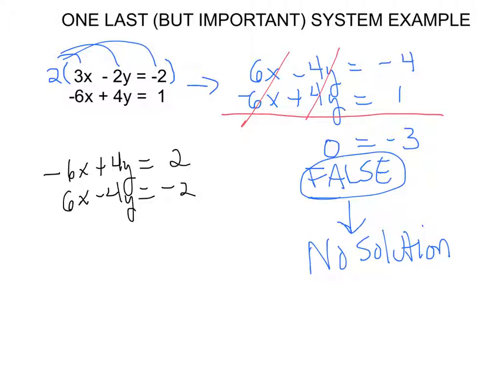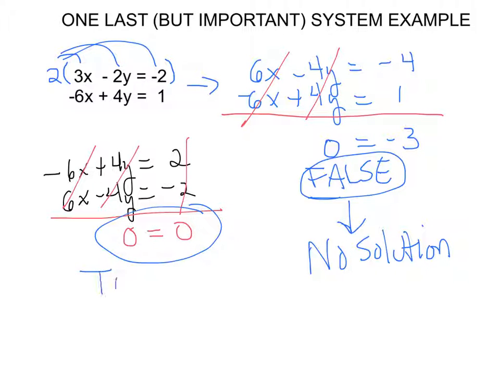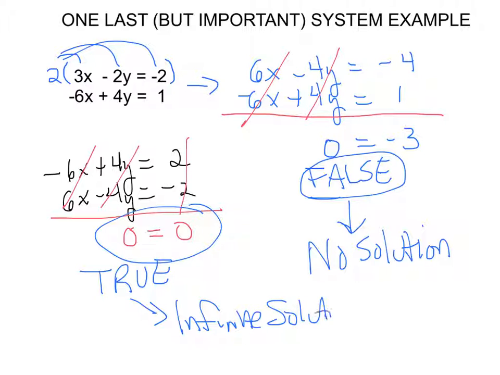In that case, when the x's and the y's disappear, so do the constants on the right-hand side, and we would end up with 0 is equal to 0. Now, 0 is equal to 0 is not a false statement. That is a true statement. And a true statement always indicates that it is an identity and there are infinite solutions.